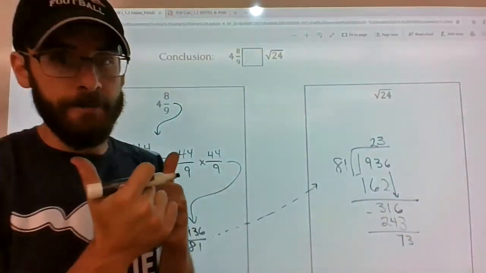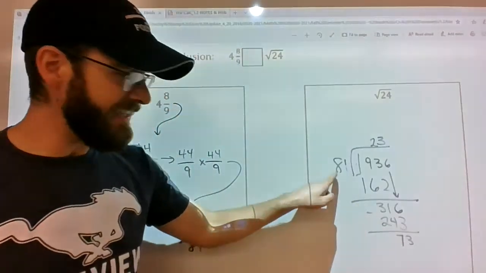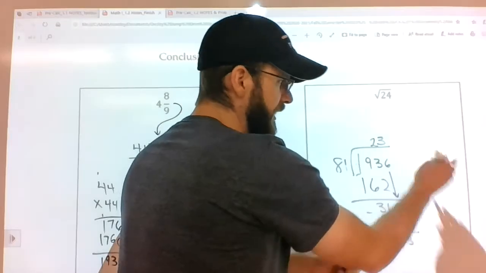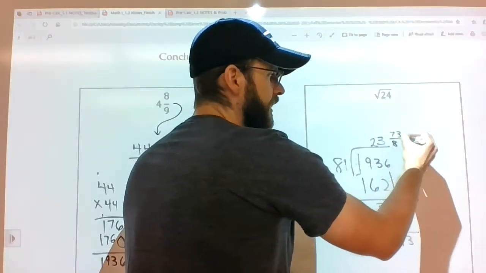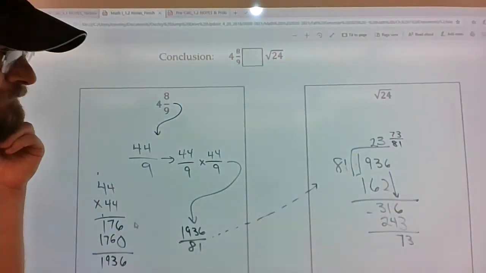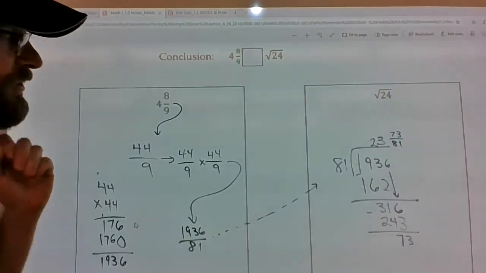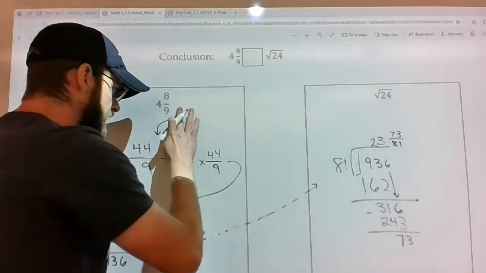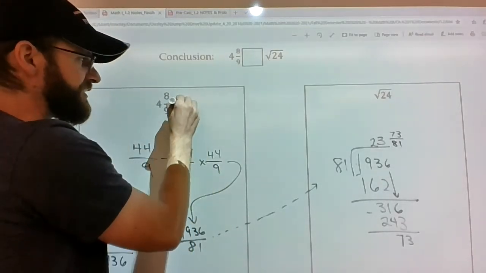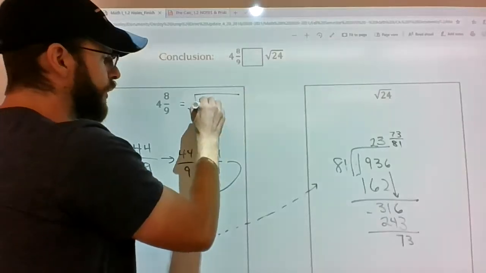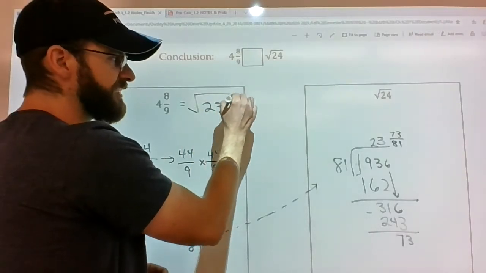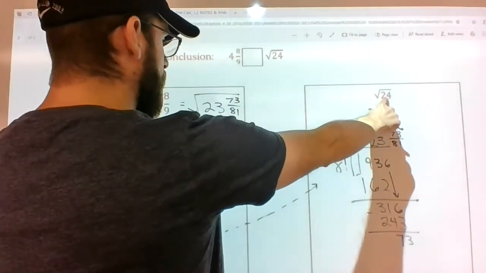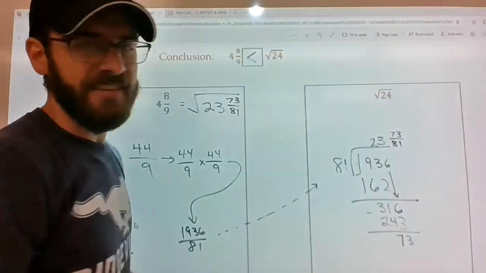Nope, it's good. 73 is less than 81. So this is 23 and 73 leftovers above 81. So what we did there was make the computation that 4 8/9 is equal to exactly the square root of 23 and 73/81, which compared to 24 is less than.